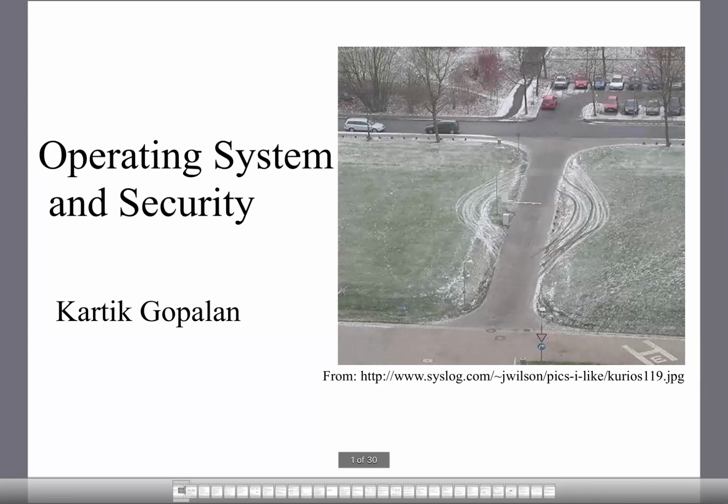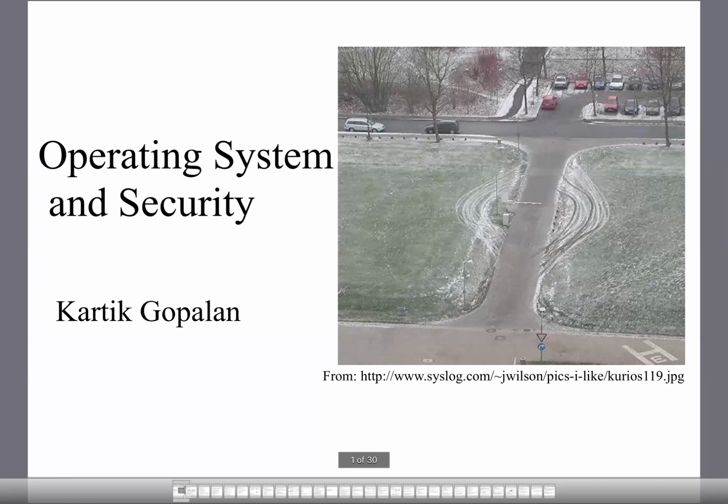So we're going to cover the topic of security, but this is not security in general. This is going to be specifically about the role of the operating system in security. So this may be somewhat narrower in scope than other security courses that you take.